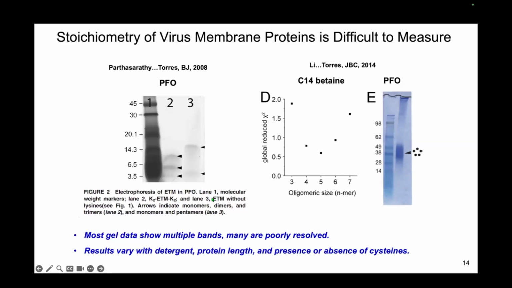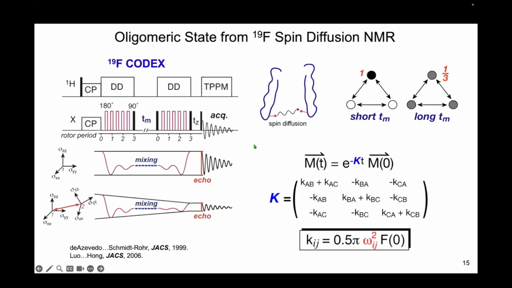In addition, you can also ask whether the lipid bilayer-bound oligomer state is the same as what's found in detergents. To sort out these questions, we decided to directly measure the oligomer state by NMR in these ERGIC-mimetic membranes. Our approach is, again, fluorine NMR, and the strategy is a so-called CODEX experiment.